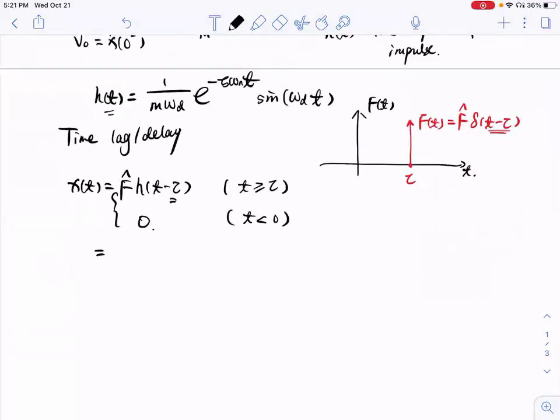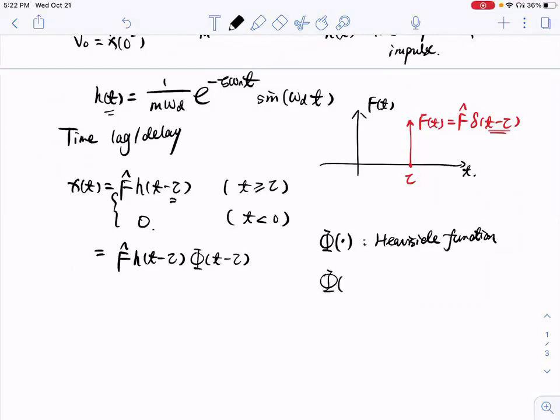All right, so the other way to write this is you can use a so-called φ function, t − τ. This function is called the Heaviside function. It's a piecewise function. It equals 1 when x is greater than 0.